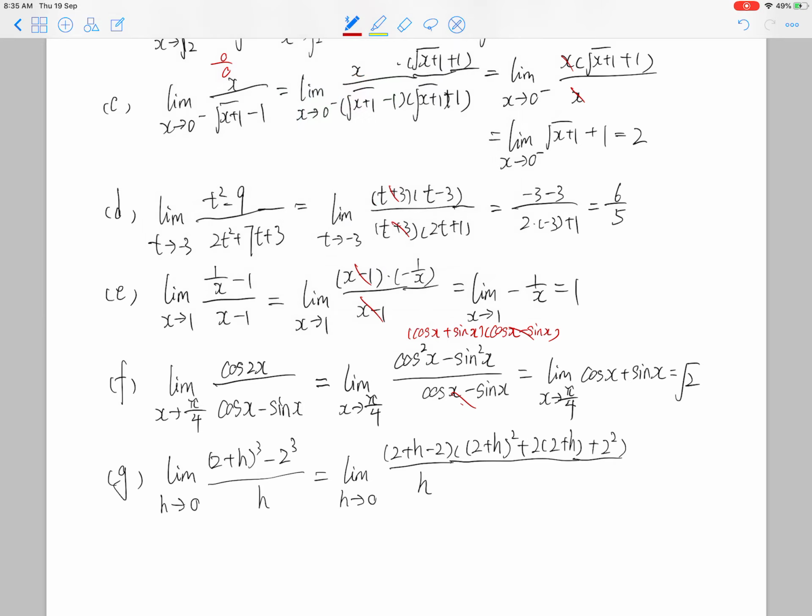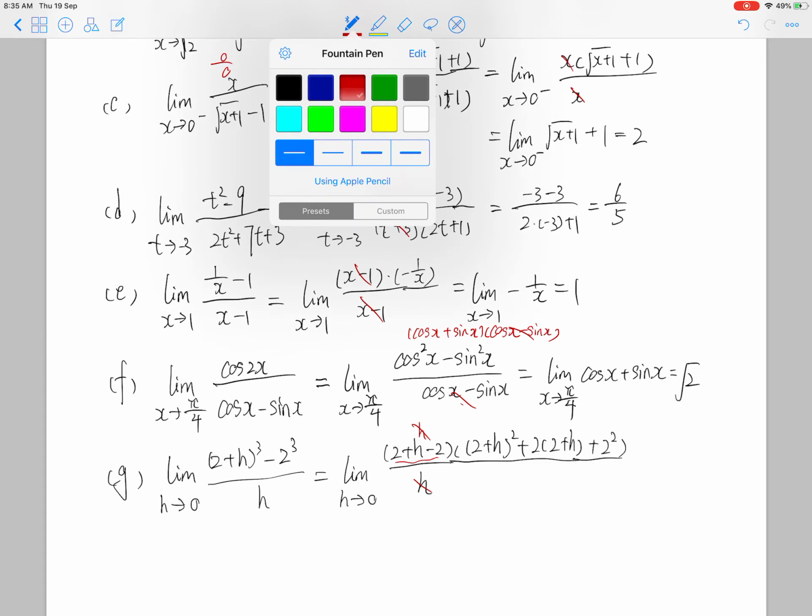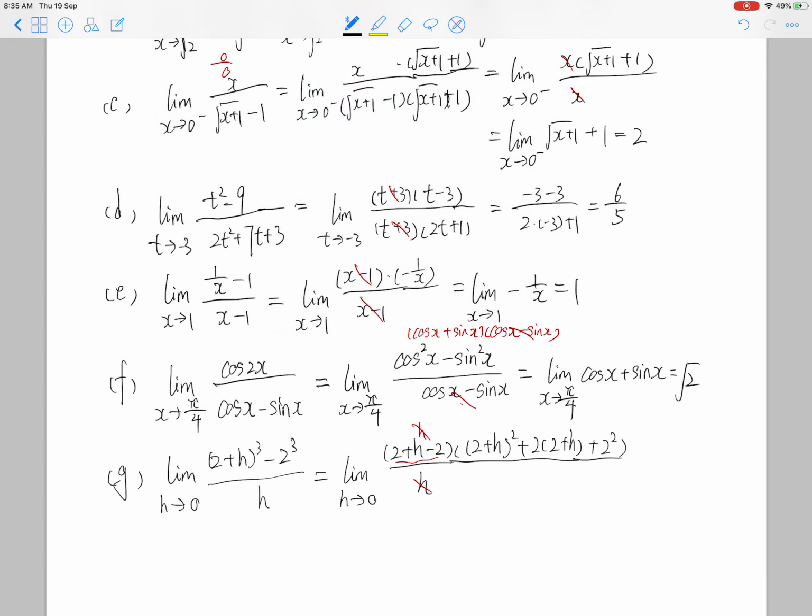Okay, and see this part is h, right? So cancel out. Okay, so the result is just you subbing, it's 2 squared plus 2 times 2 plus 2 squared. So it is 12.